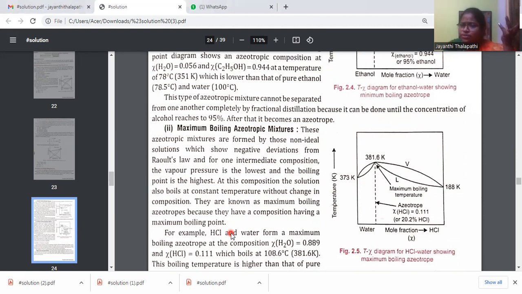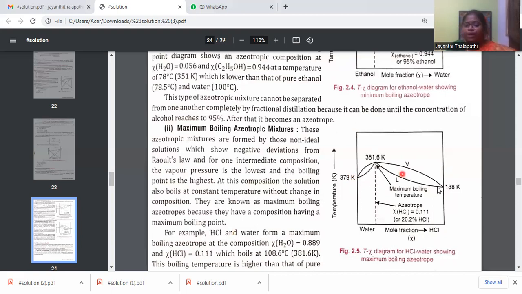The mixture shows negative deviations, for example if you mix HCl and water. HCl's boiling point, if you see over here, is 188 Kelvin, and water's boiling point is 373 Kelvin, which is 100 degrees Celsius, right?